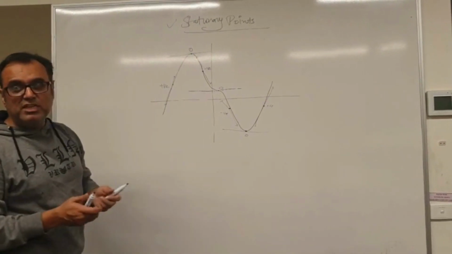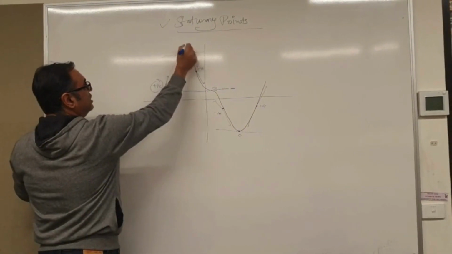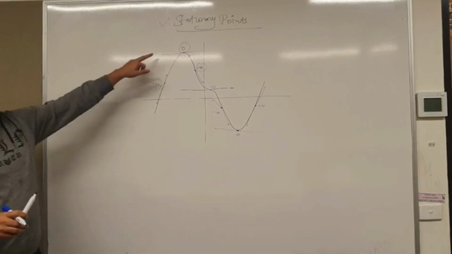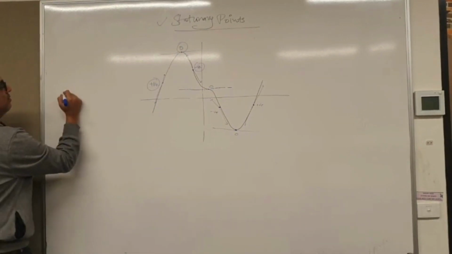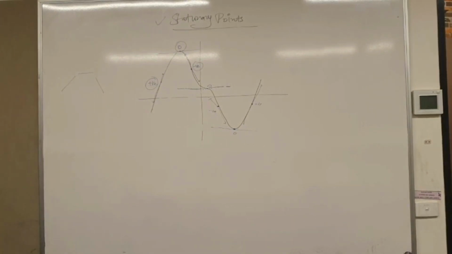These points, now just see a pattern quickly, Romel. Positive, 0, negative. It changed the sign. Positive, 0, negative.